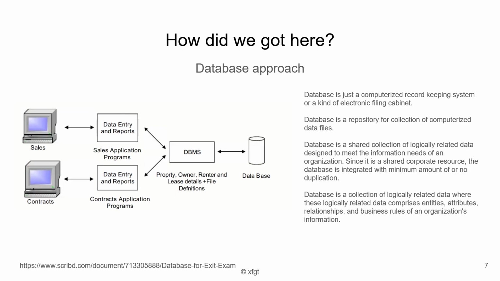So how does the database approach solve the problem of data duplication and consistency issues? Well, the database management system is kind of squished between the applications and stored data, as we can see here from the diagram.